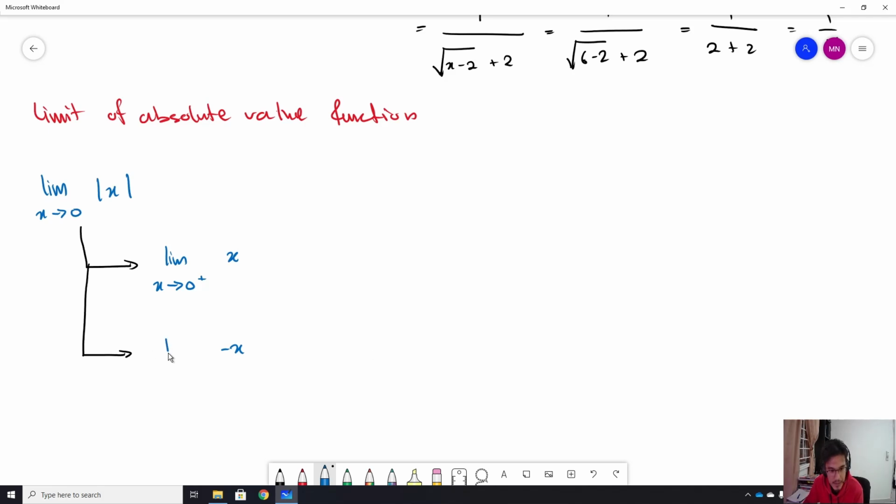For negative x, it will be limit x approaching 0 from the left side. So macam tu lah. So dari segi grafik, this is 0. So x yang positif akan datang daripada right side, meanwhile x for negative akan datang from the left side.